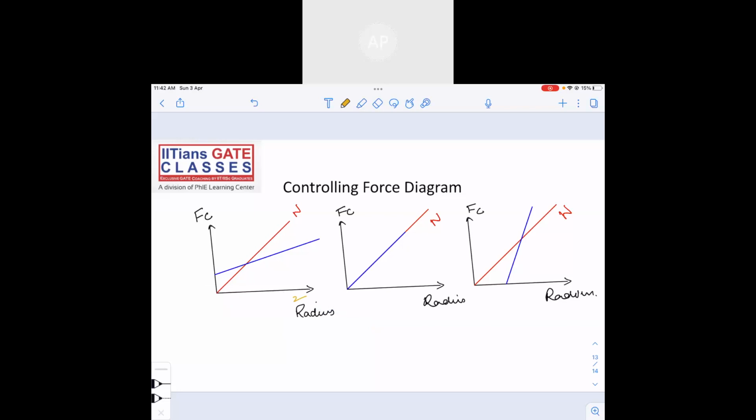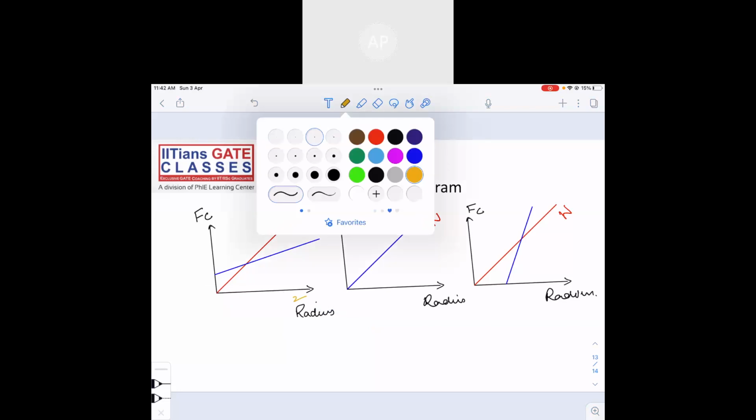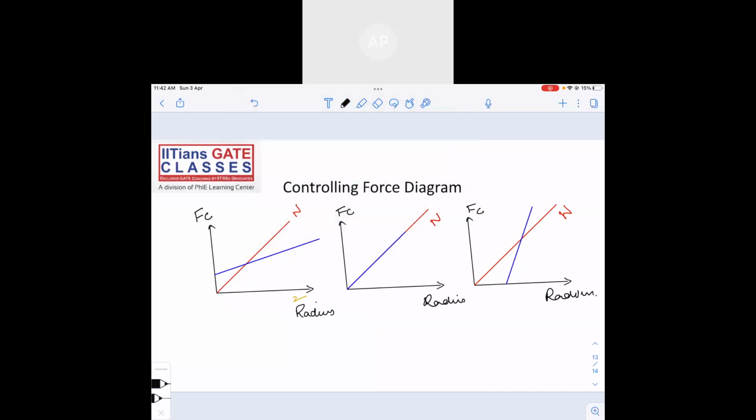Okay. Now, as we move from lower, these are the three possible ways of how a governor can be. So now, if you see this, this is the controlling force diagram. FC, controlling force diagram.